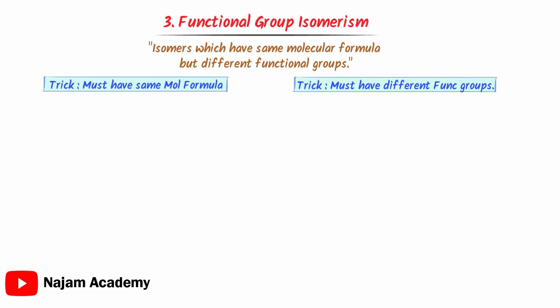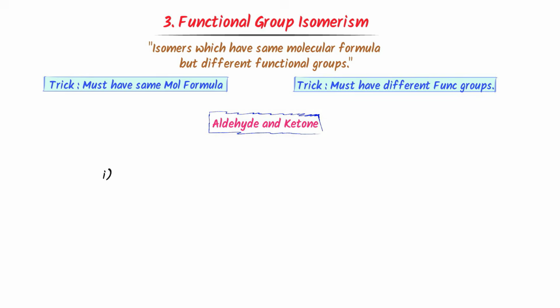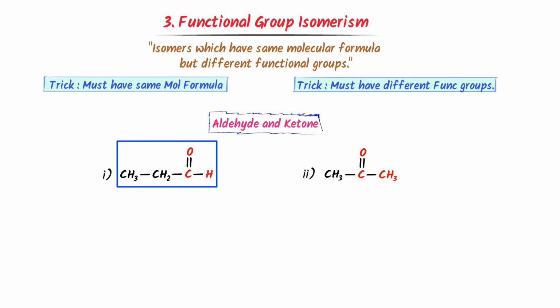For example, consider aldehyde and ketone functional groups. Now I look for the molecular formula of the compounds. The molecular formula of this aldehyde is: there are 3 carbon atoms, 6 hydrogen atoms and 1 oxygen atom.